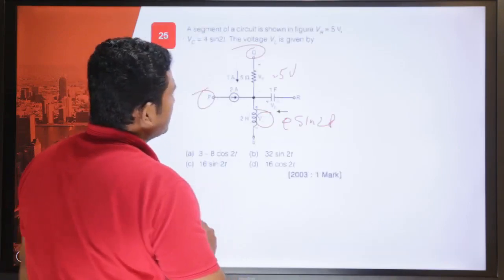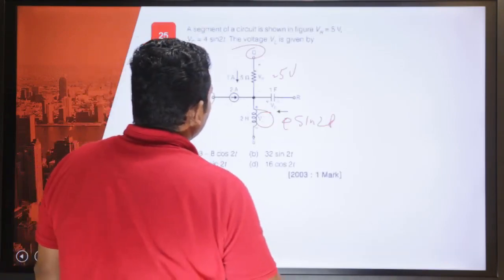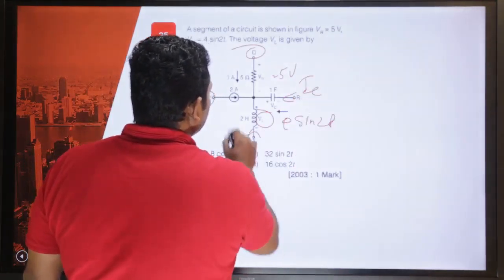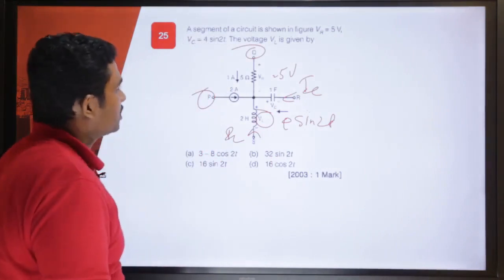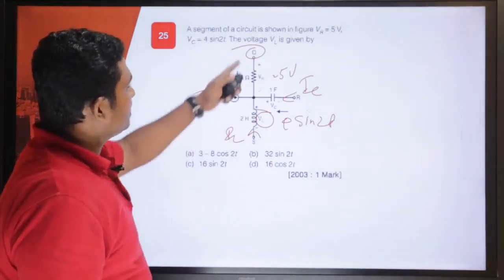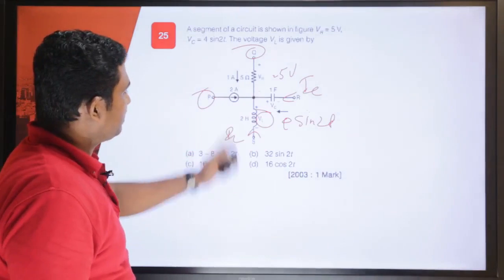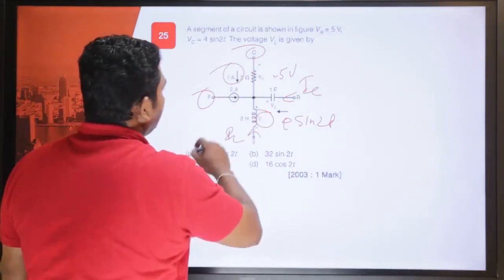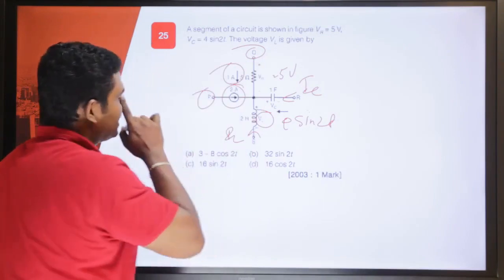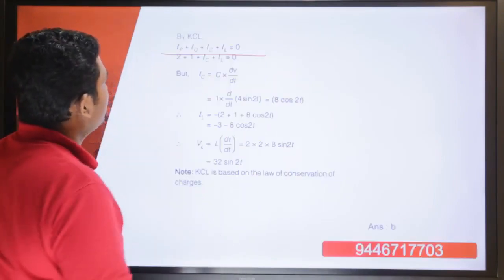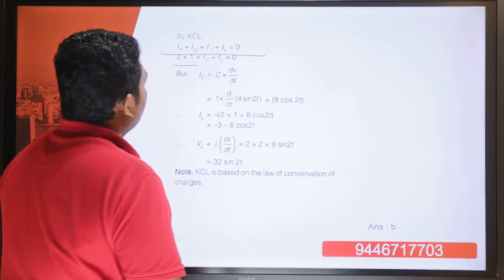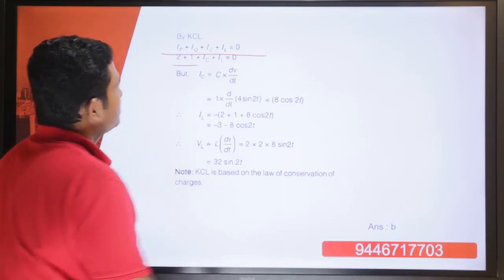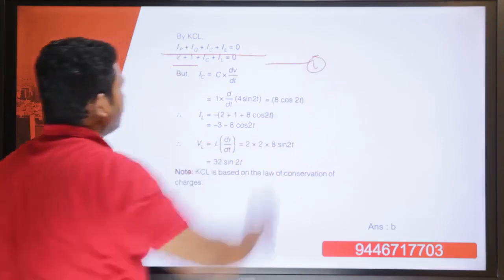Here IQ is given as 1 ampere and IP is given as 2 amperes. So 1 plus 2 plus IC plus IL is equal to 0. Let this be equation number 1.